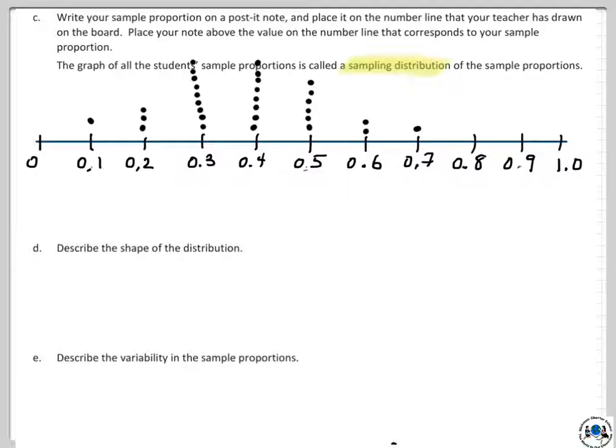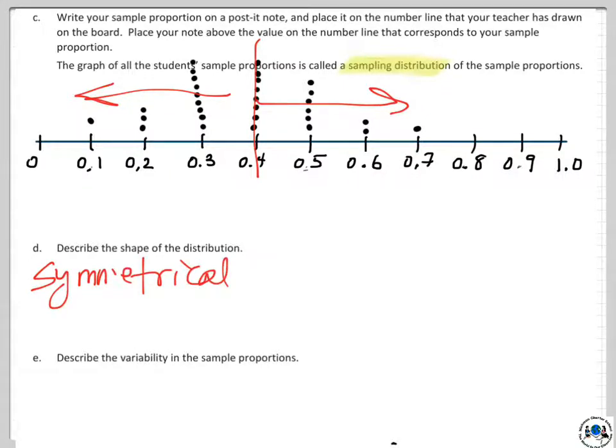If we describe the shape of this distribution, it's pretty symmetrical in the sense that if we drew a line right here, it's about the same on this side as over here, so somewhat symmetrical.